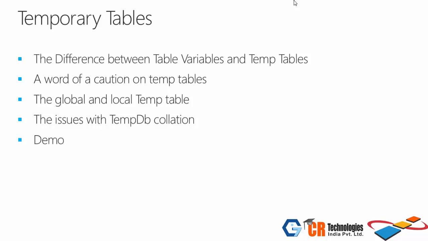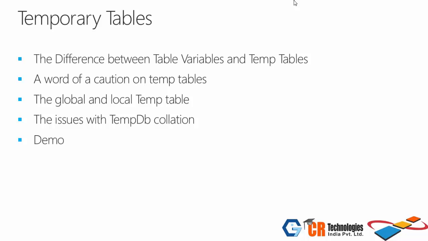Specify very clearly when you're creating the table the collation you want. Specify the collation of the user database you are creating this table from, in your create hash table syntax. So that would be one of your best practices.